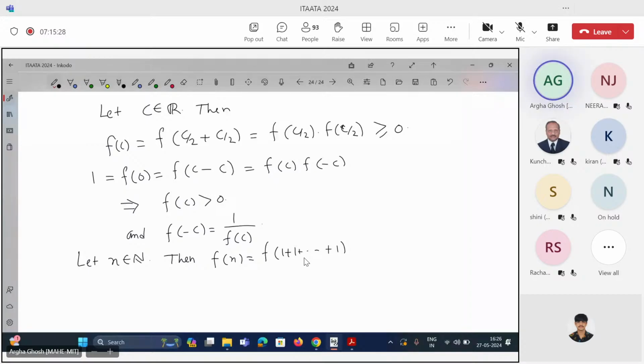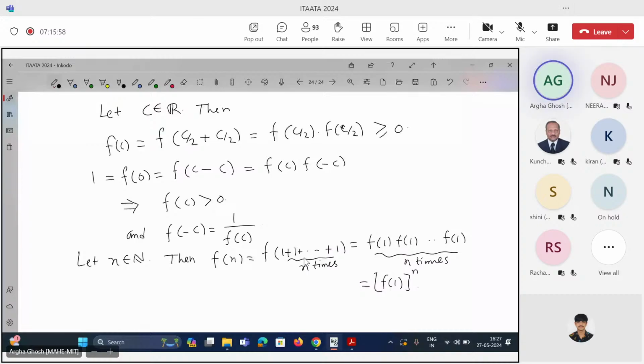Now this is the same as f of 1 times f of 1, how many f of 1? Yeah, n times. So it's like f of 1 whole to the power n. Correct? So whatever f of 1 is, it will be f of 1 whole to the power n.